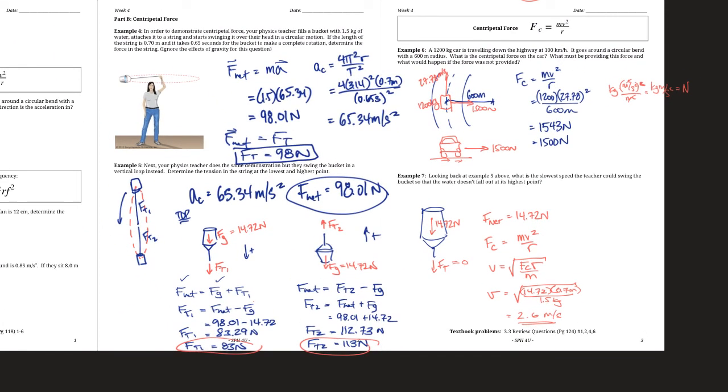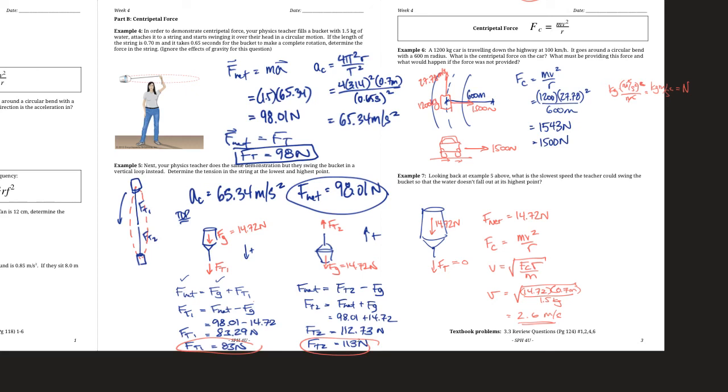Just to compare quickly, what was the speed in this question? We never actually had to calculate it, right? But if we do a quick calculation, we know the net force was 98.01. So we can do that same calculation that we did down here to find out what the speed was in this case. It's going to be the square root of 98.01 times 0.7 divided by 1.5.